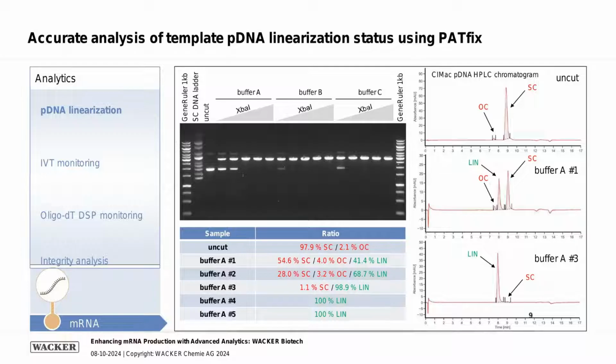So here, for example, for buffer A and number 4, only at this point you have 100% of linear plasmid DNA. And this method is also quite fast, so you get your first result after 10 minutes. And this is, of course, perfect for at-line analytics, where you want to know at what point your reaction is fully linearized, and you can proceed to save time and costs.